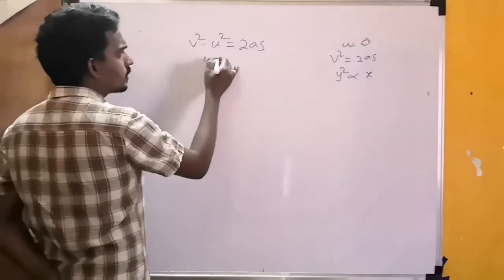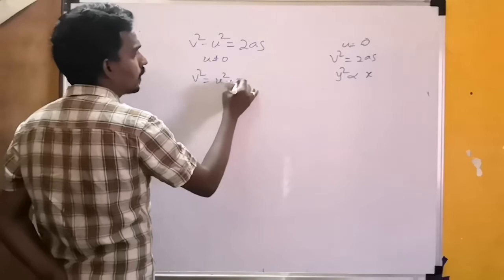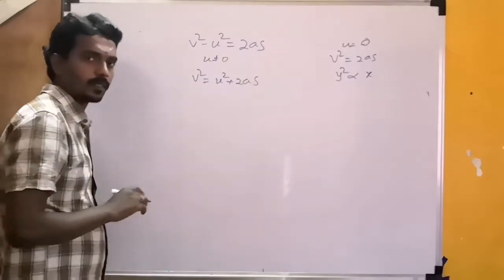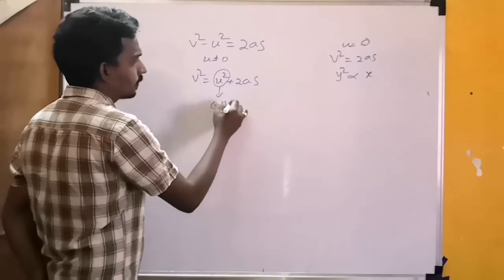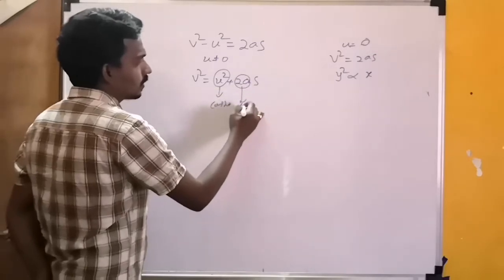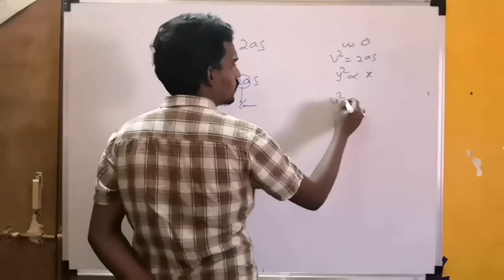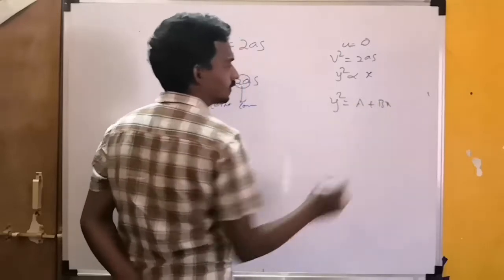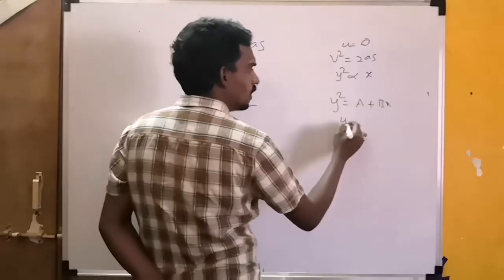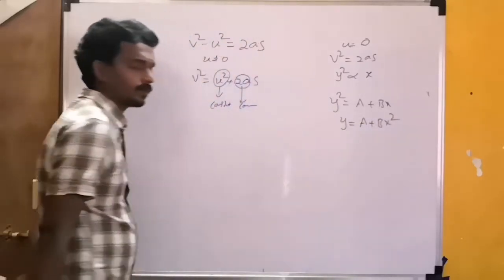Suppose u is not 0, then v square equal to u square plus 2as. Here this is constant and this is also constant. It is like y square equal to a plus bx, or sometimes y equal to a plus bx square.